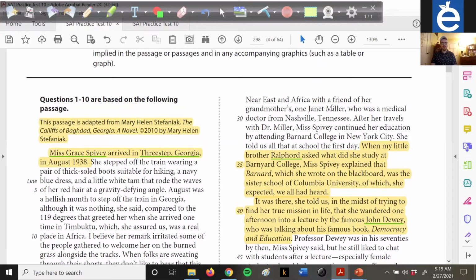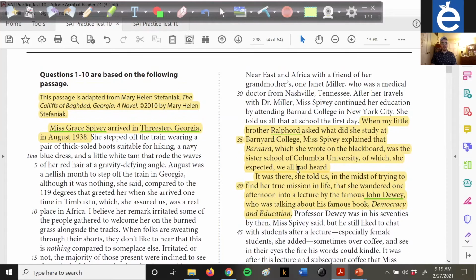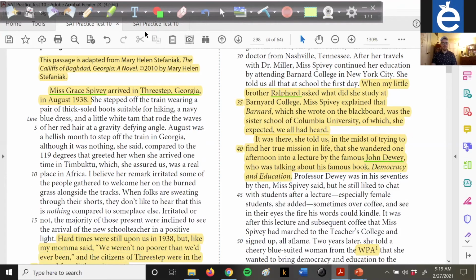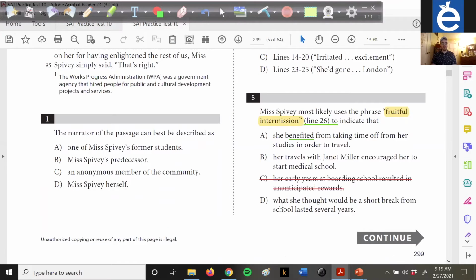And here, while we do see Janet Miller was a medical doctor, we don't really see Miss Spivey go on into medicine, right? We know that she goes on into education. That's why she's here. So it's not long. It didn't lead to medical school. I would say A is our option. She benefited from this time off.